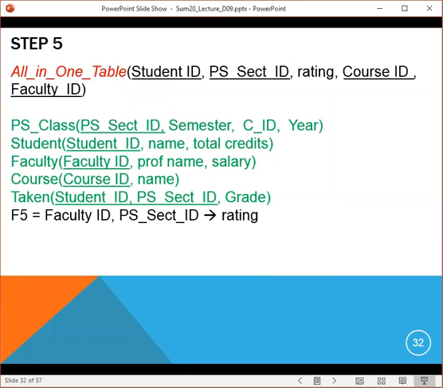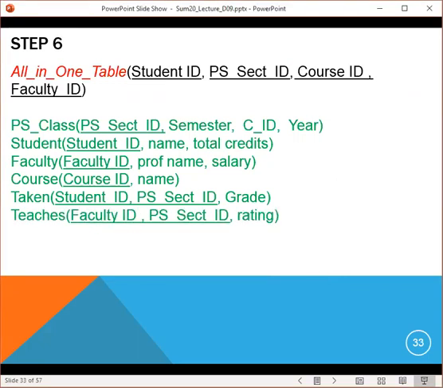Here in step 5, we get rid of functional dependency 2 and create the table takes. And now we're left with one final functional dependency that we've got to take care of. And that we do by creating the teaches table.